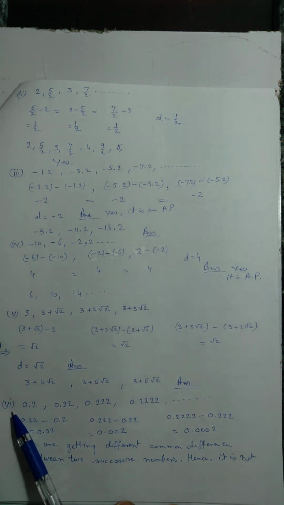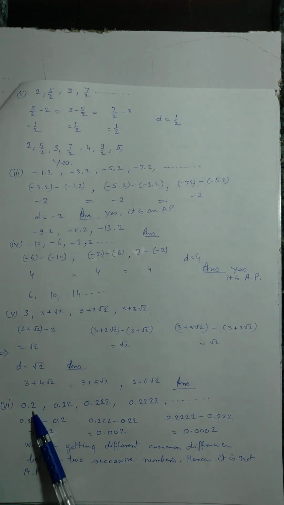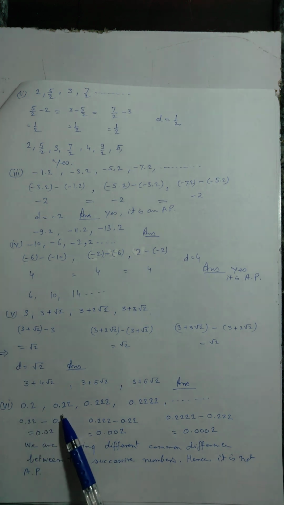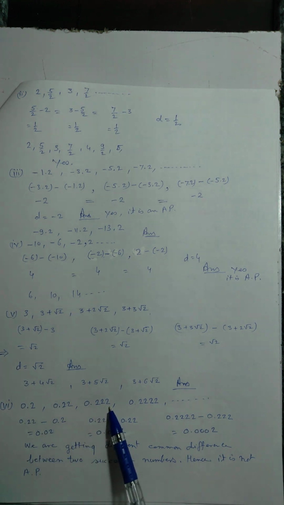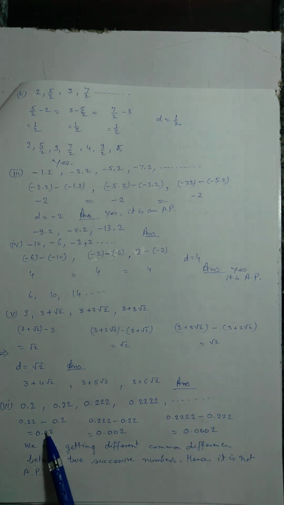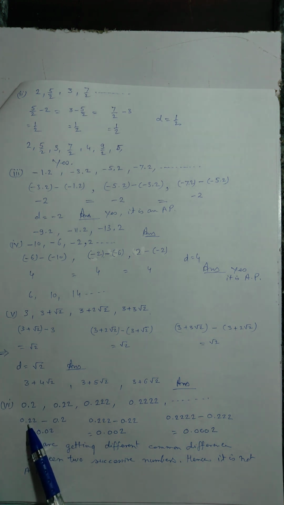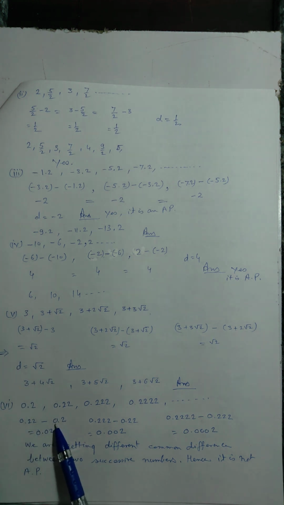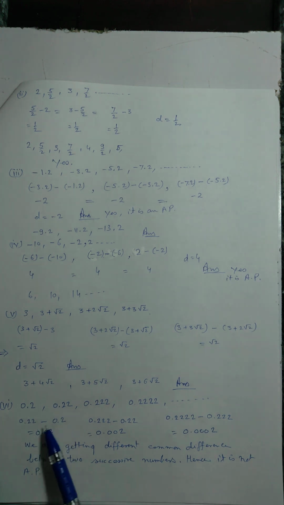Now come to the sixth part, that is 0.2, 0.22, 0.222, 0.2222, and so on. Here you see the common difference is not there. You subtract the first term from the second, you will get 0.02.